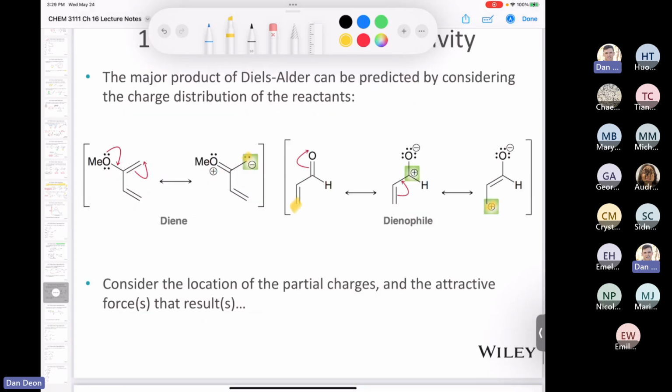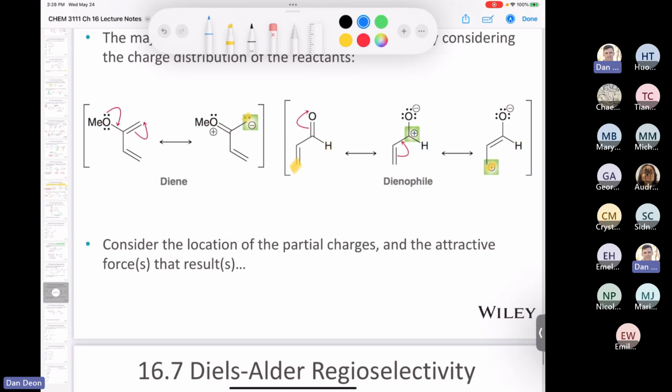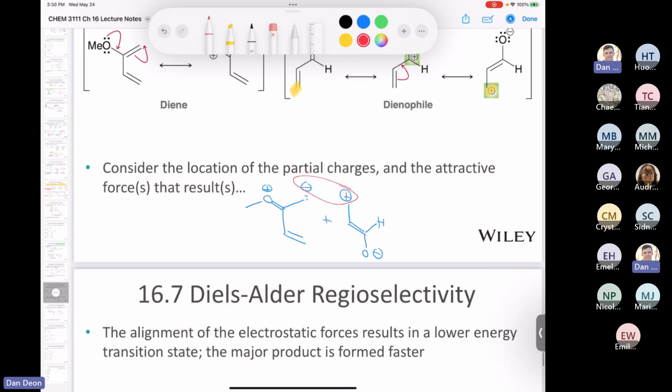So it stands to reason, based on those partial charges, if I redraw this resonance structure that has a negative charge on this carbon, it's going to react with the dienophile in this orientation, like this. So I'll just draw it upside down compared to how it's drawn here, because then you're going to have the positive and negative interacting with each other, right? That's how it's going to align itself.